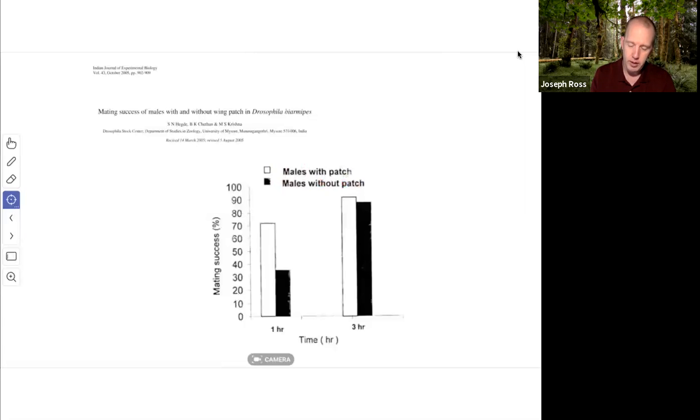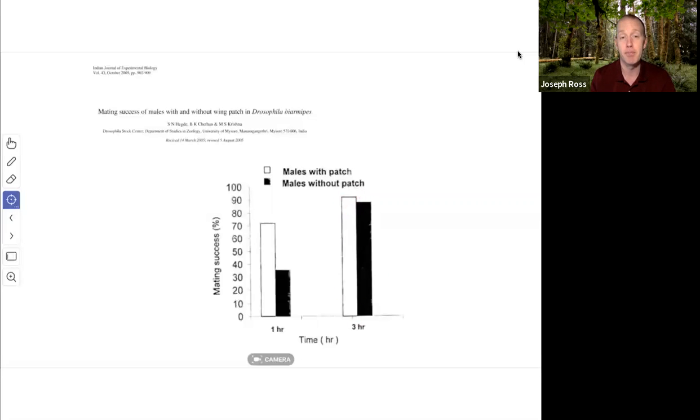But the important point is, within the first hour, the males that did have a wing patch were twice as successful in mating as the males that did not have this wing spot. But that was only a short-lived effect, because over time, all of the males were essentially able to mate about 90% of the time.